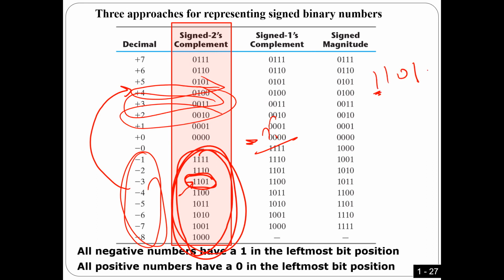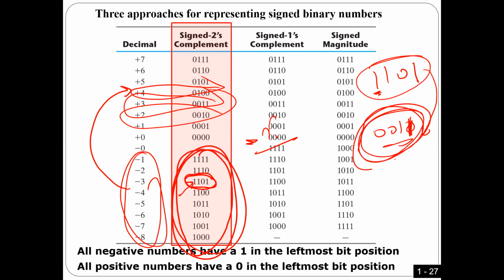Please get the positive version of this number. Calculate the 1's complement here, and then add 1. So if this one is negative x, this one should be positive x. Because it's easy for me to read this one, this number is 3, so this should be minus 3.